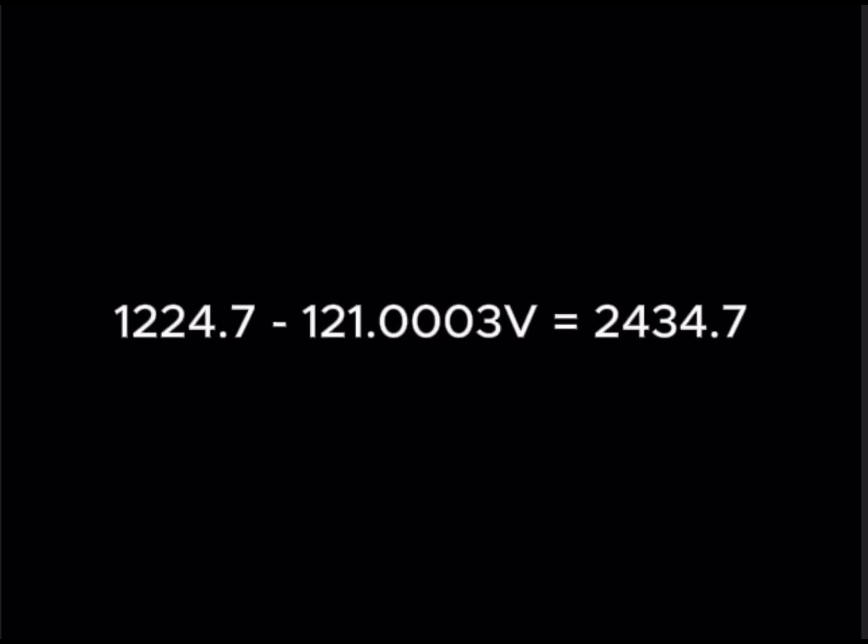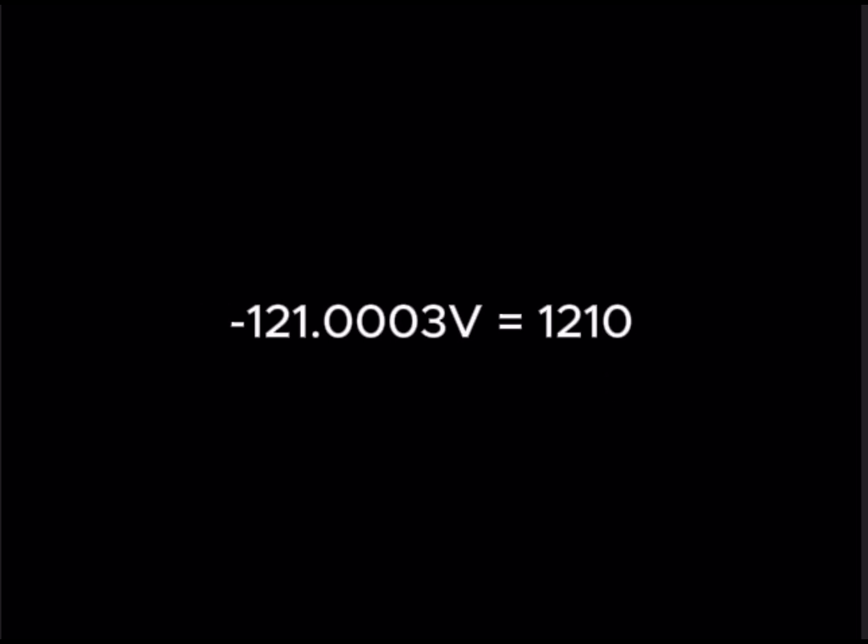1,224.7 kg minus 121.0003 kg v equals 2,434.7. Subtract both sides by 1,224.7. We now have negative 121.0003 kg v equals 1,210.